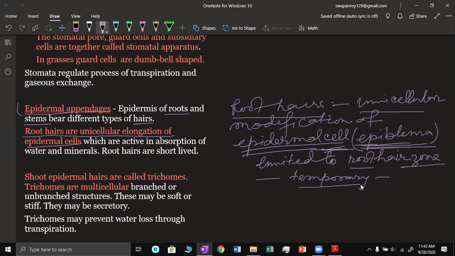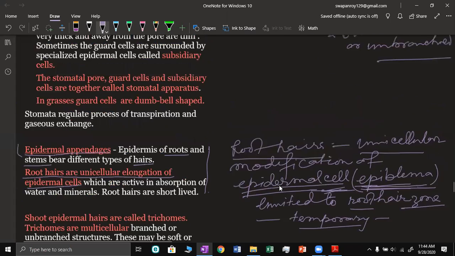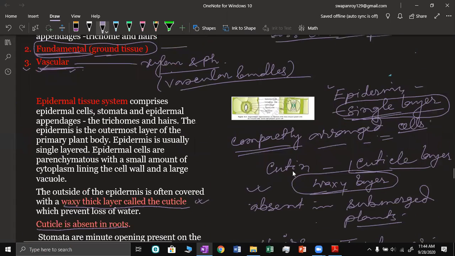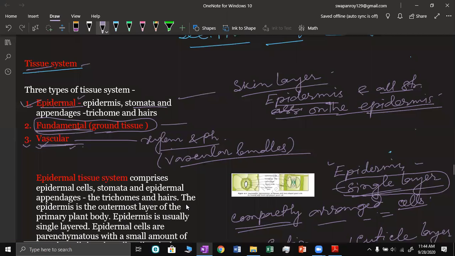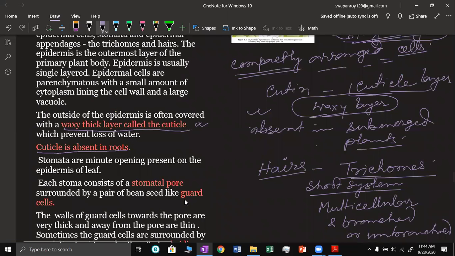New root hairs are formed and the old ones die. But the shoot hairs are almost permanent and all over the surface of the shoot. Trichomes prevent water loss. Another important structure that we find in the epidermal system is the stomata.